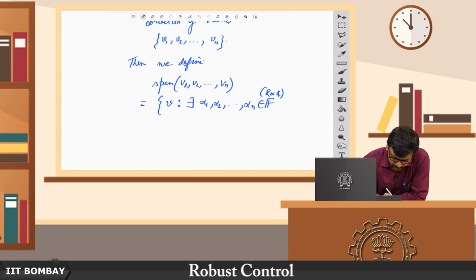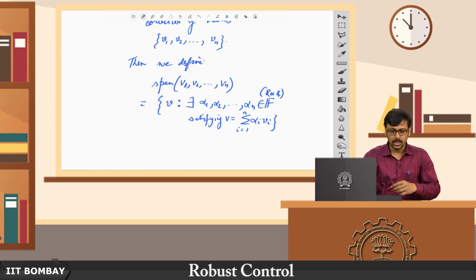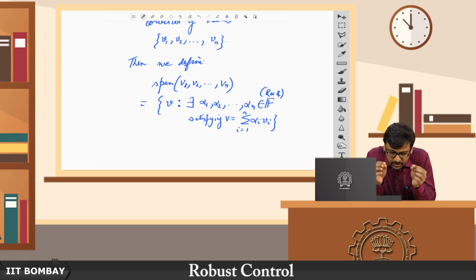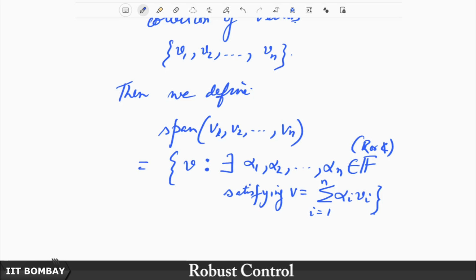Okay. So, if there exist these satisfying V is equal to summation alpha i Vi for i going from 1 through n. In other words, if you have a vector which can be represented in the following manner such that V is given by alpha 1 V1 plus alpha 2 V2 plus alpha 3 V3 so on and so forth till alpha n times Vn.